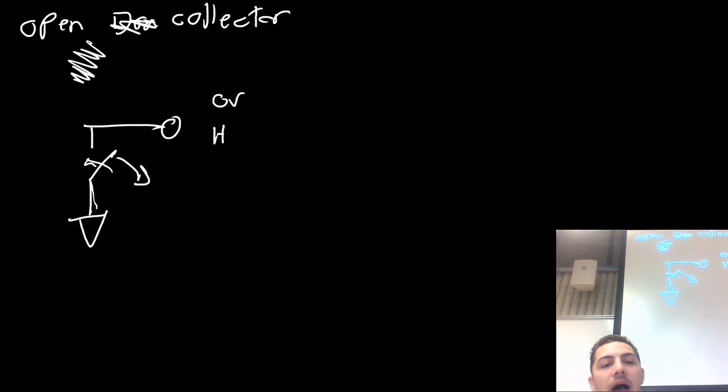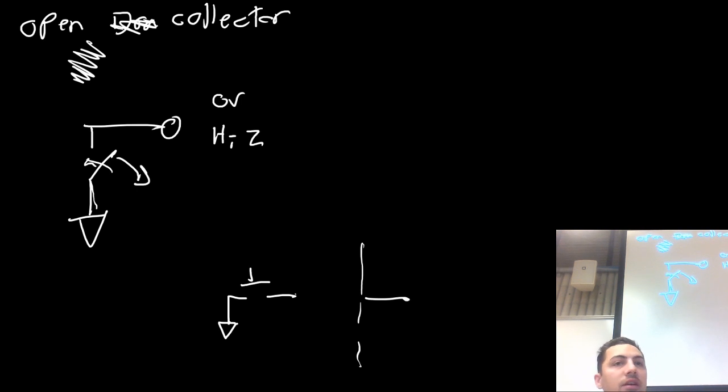Or high Z. Remember, we talked about high Z way back when. We were talking about I/O. It's not connected to anything. No current flows anywhere. And we dealt with this already because we've already built this circuit. It's a button that goes to ground and then goes into the microcontroller. And what does the microcontroller have inside of it?